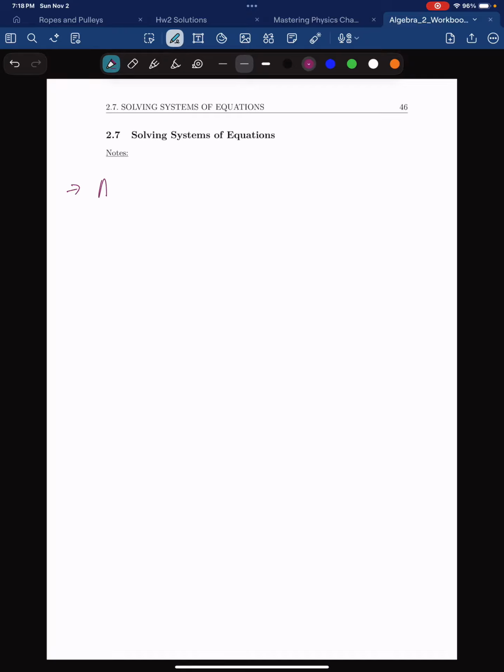In class, but I'm just going to explain how to do them. So this is a set of two or more linear equations with the same variables.